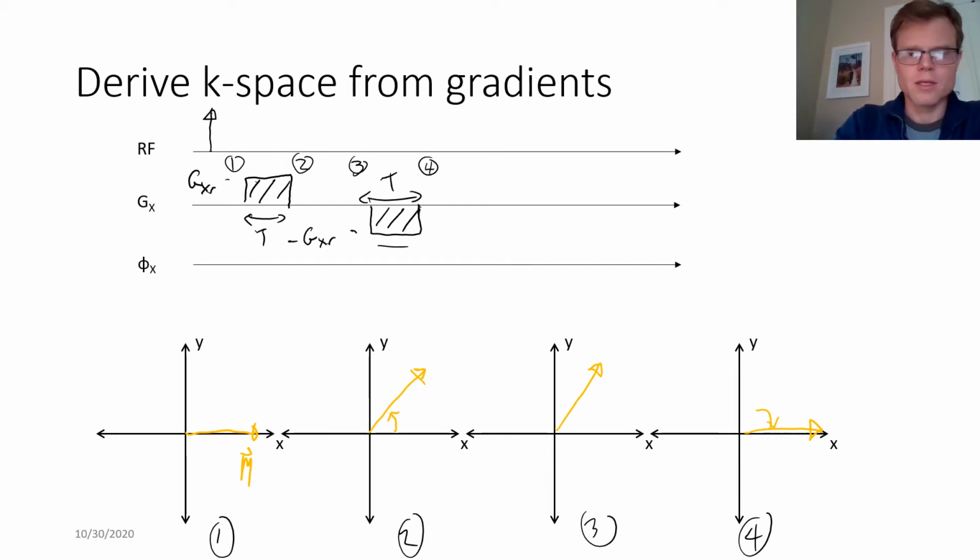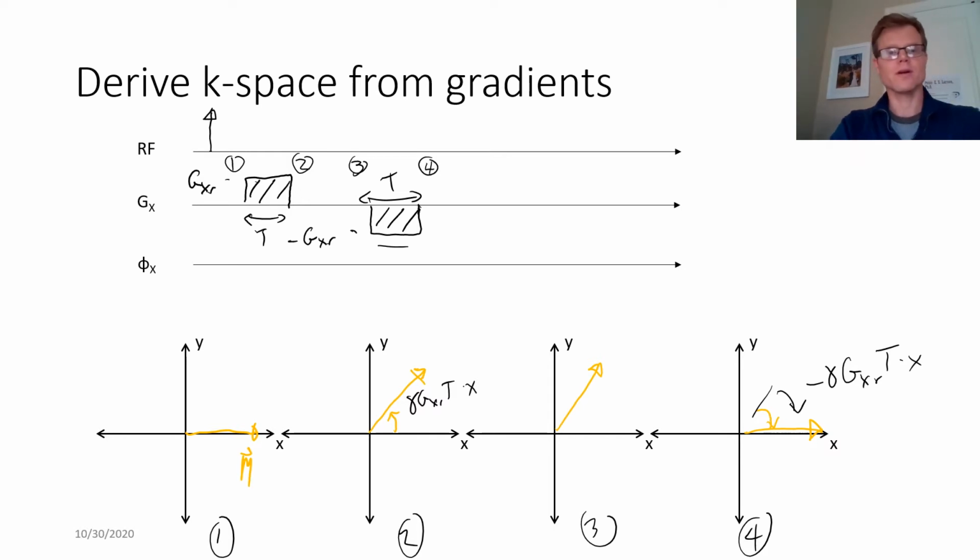so that the initial phase accumulated here is going to be that final phase that we had in the last slide, and then the size of this angle that it moves back is going to be minus, since a minus GXR is a minus accumulation.